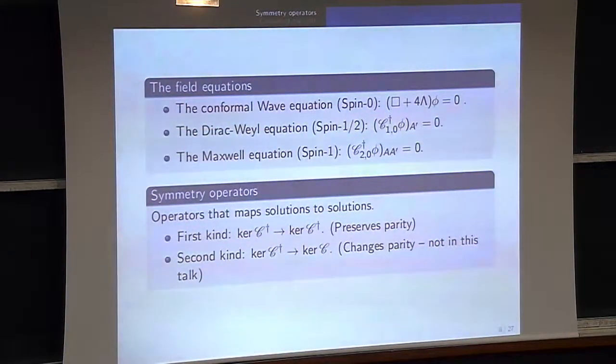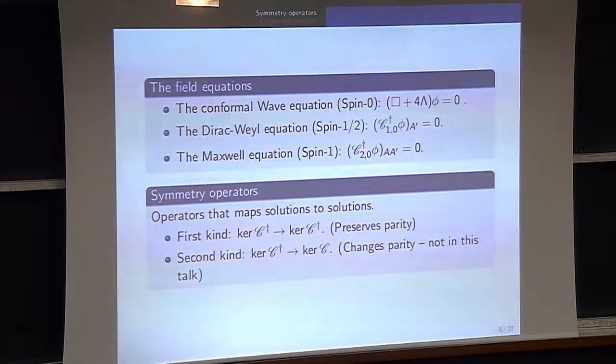So now if we study symmetry operators, we can do two different things. Either we map a solution to the Maxwell equation to a solution to the Maxwell equation, or a solution to the Maxwell equation to the complex conjugated version. And the Dirac Weyl works the same way.